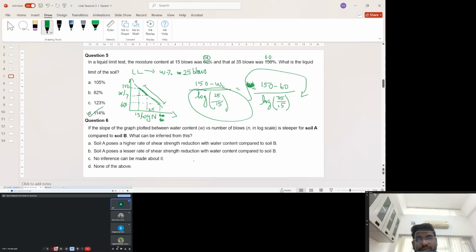So two soils are there for which water content and number of blows are plotted on a log scale. For soil A you get a steeper graph, and for soil B you get a flat graph.